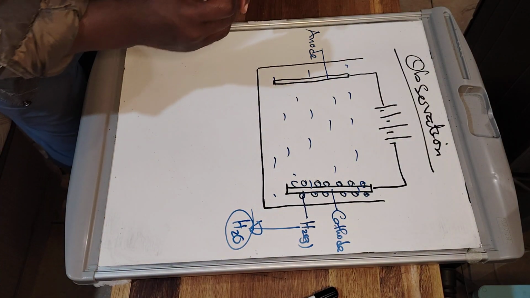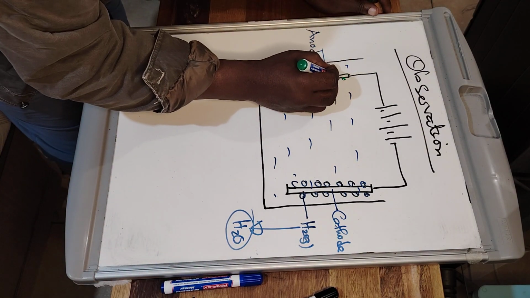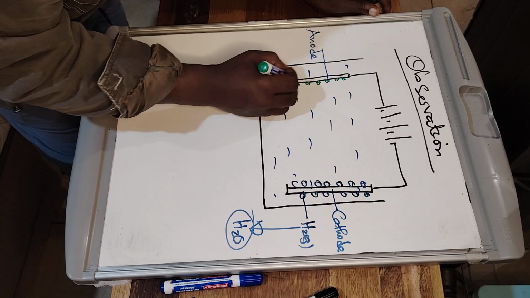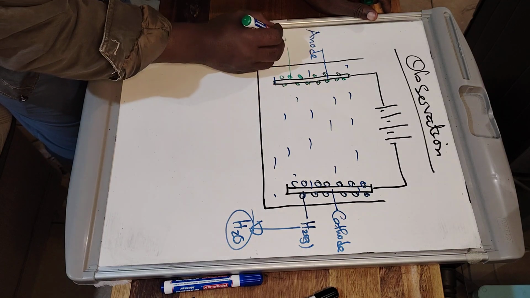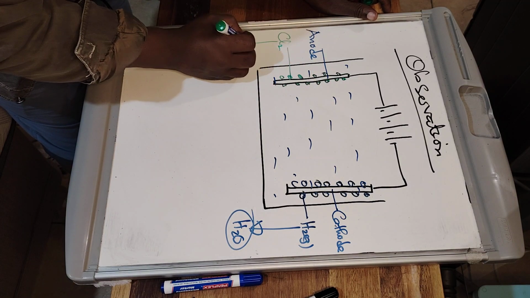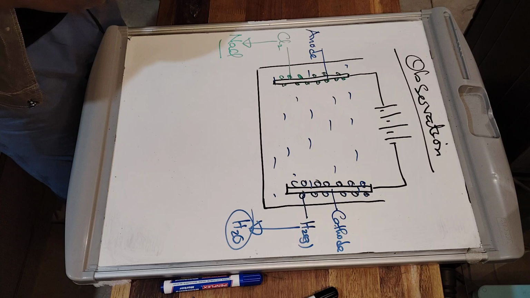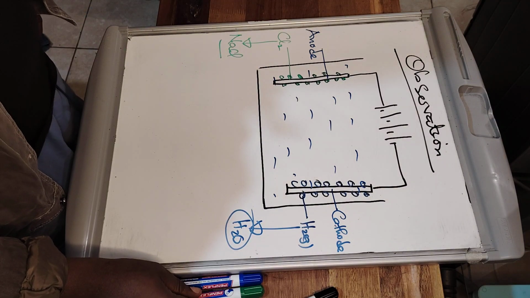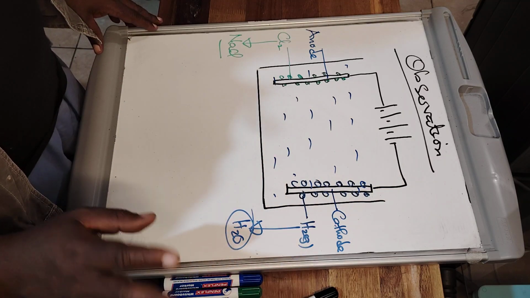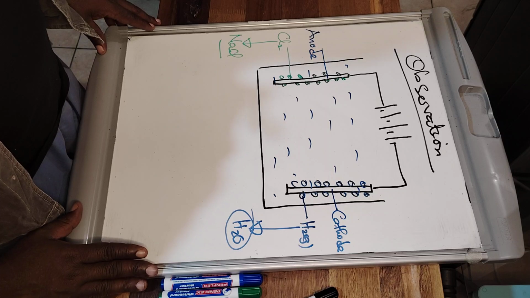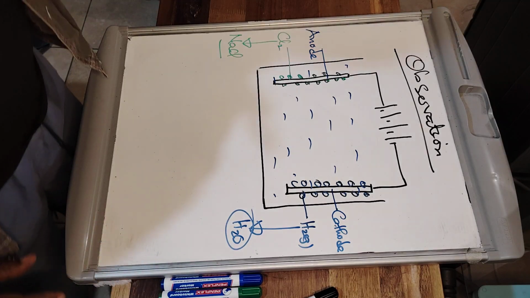And at this electrode, we get a greenish yellow gas, which is chlorine, coming from sodium chloride. So this is one of the cells where two gases come out as products. On one electrode, hydrogen is formed, that's the cathode, and on the anode, chlorine gas is formed.